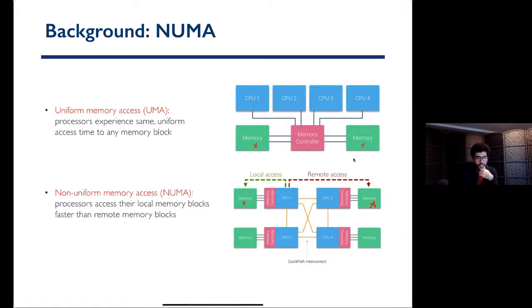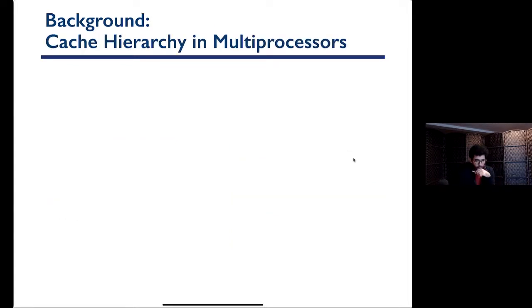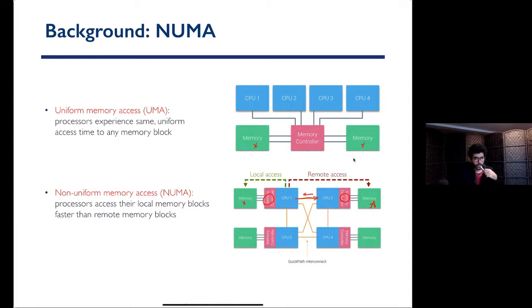So you need to send a request to this other processor, or basically make it be delivered to this memory controller, and this memory controller gets the result and then sends it back to you. And this is going to take a lot longer than if you wanted to talk to the local memory controller to yourself. So this is the introduction of NUMA, and we'll see that this is going to make the job of us scheduling tasks a lot harder.